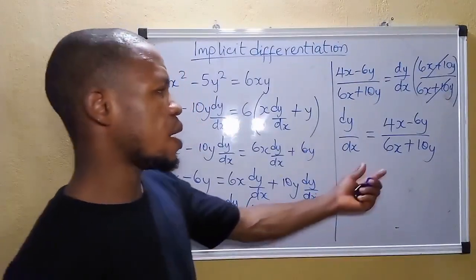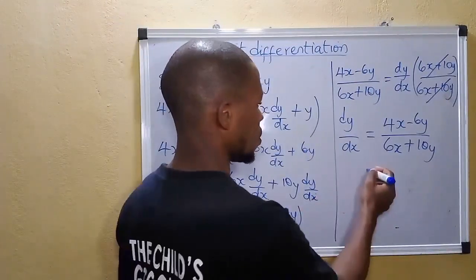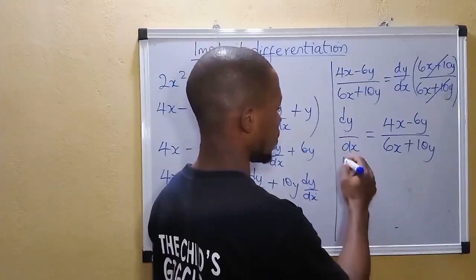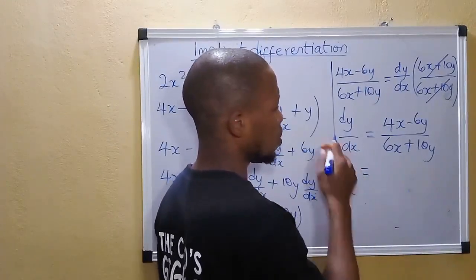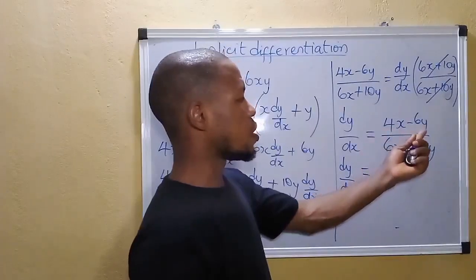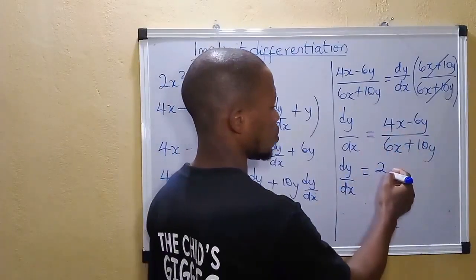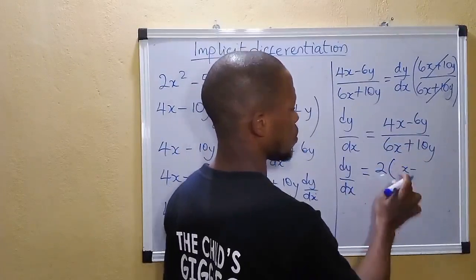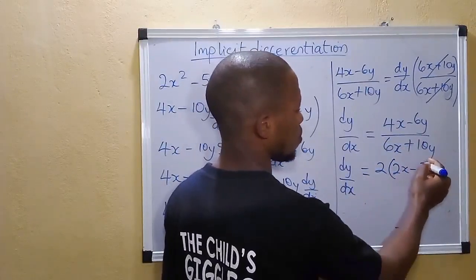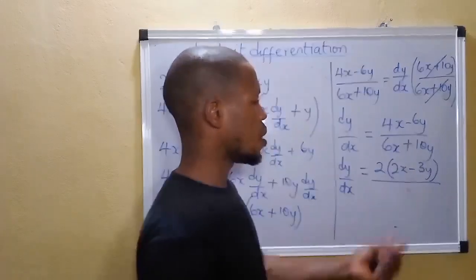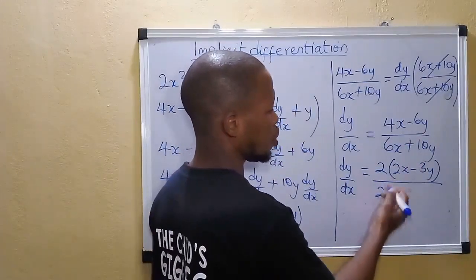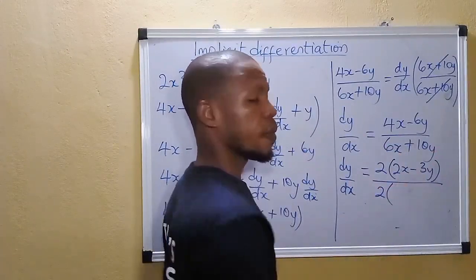In this case, we can decide to factor out. Whereby we'll have dy dx is equal to, now factor of 4 and 6 is 2. So we have 2x minus 3y. And if you do the same here, we have 2, which is a factor of 6 and 10.